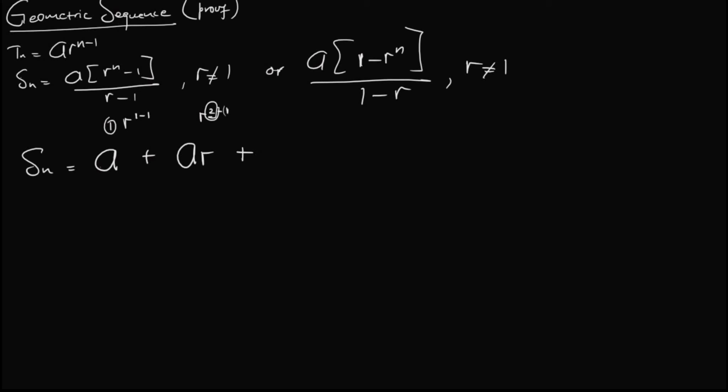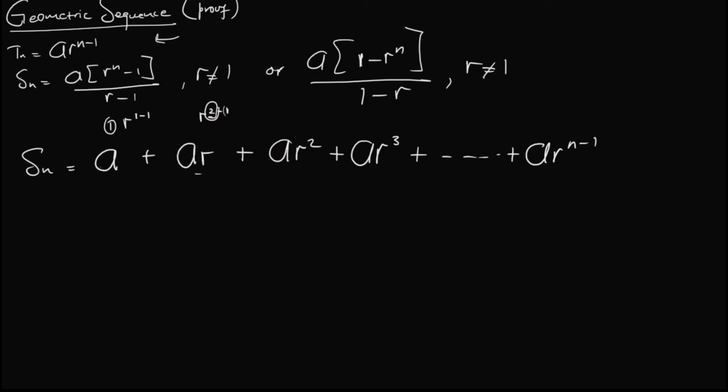To get the third one you multiply by r, so you have Ar squared. What you notice is that the fourth one is going to have Ar cubed, so the exponent is always less by 1. That is what is depicted by the general term Tn equals A r^(n-1). If you go to the nth term, it will also have an r exponent which is less by 1, so it will have n minus 1.